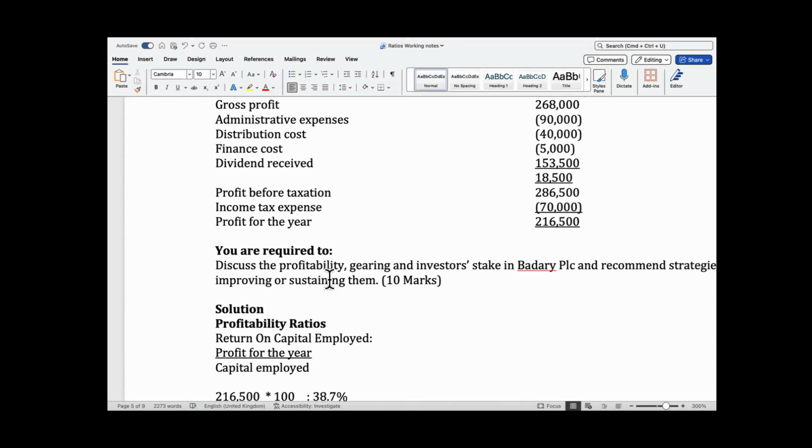So I'm making this call to get a deeper explanation: if we are using profit for the year, is it just okay like that? We should not bother ourselves about adding back finance costs, so that we don't use profit for the year and end up with a wrong figure. I want to be clear in this area, sir. Okay.